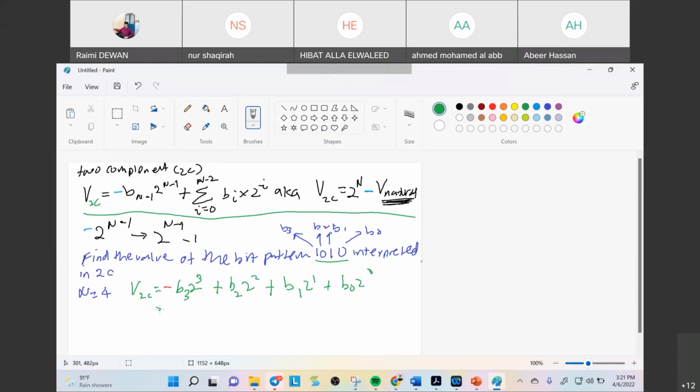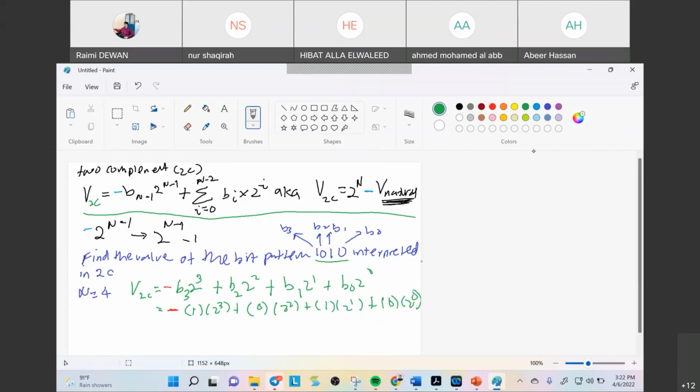Understand? Then B3 is actually 1, so negative 2^3, plus B2, which is 0, times 2^2, plus B1, which is 1, times 2^1, plus B0, which is 0, times 2^0.